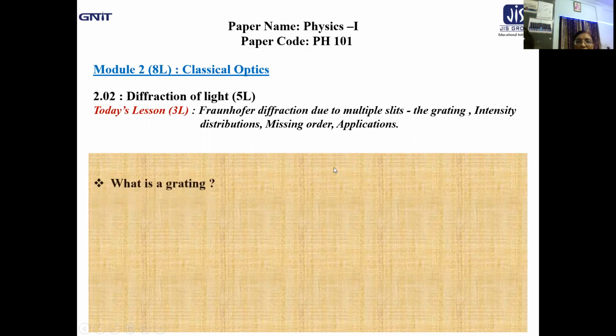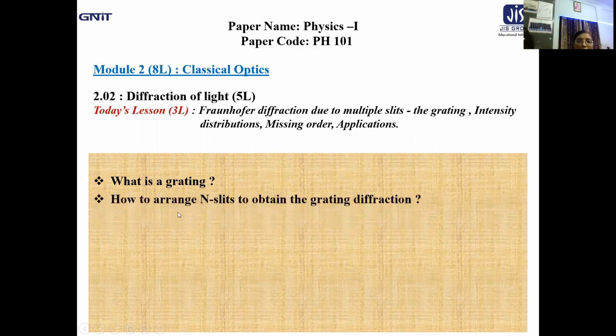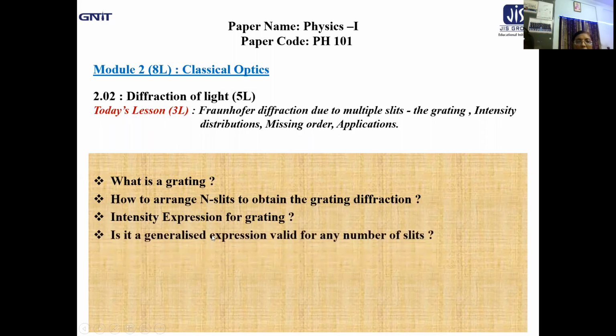The questions to be addressed in today's session are: what is a grating? How to arrange n slits to obtain the grating diffraction? What about intensity expression for grating? Is it a generalized expression valid for any number of slits?